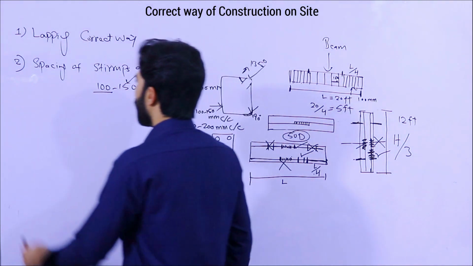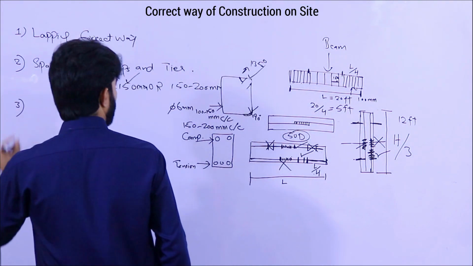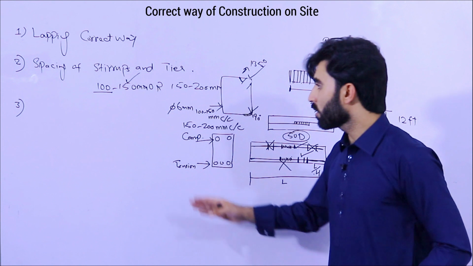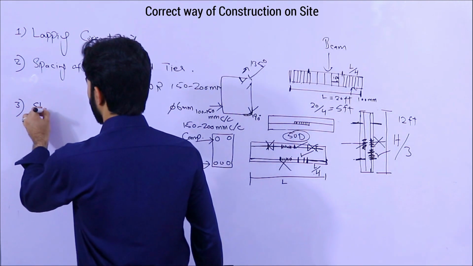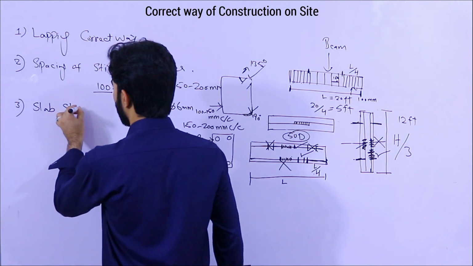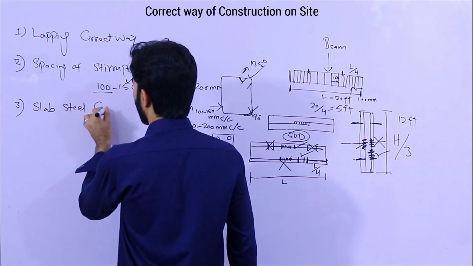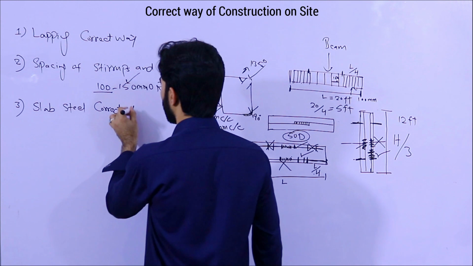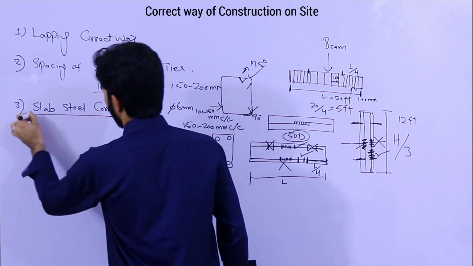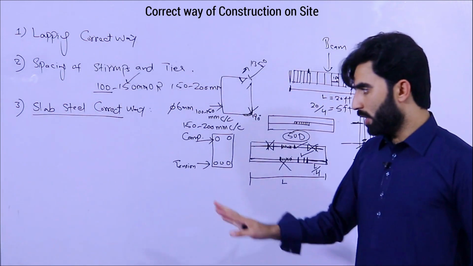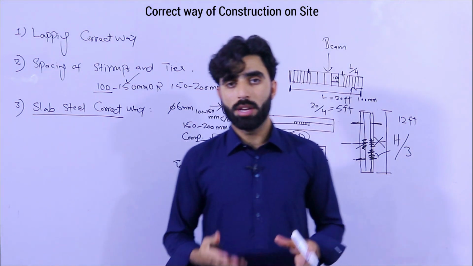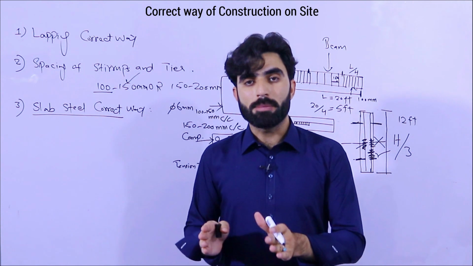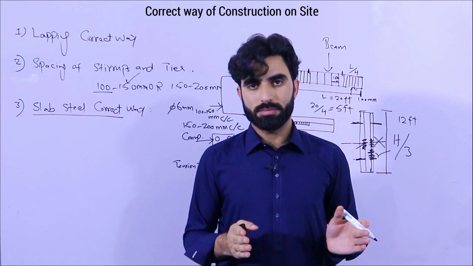Okay, now guys, the third one is for slab. So slab steel, I will tell you the correct way of construction. Remember guys, especially in two-way or one-way slab, we should provide the crank bar at the end of the support.